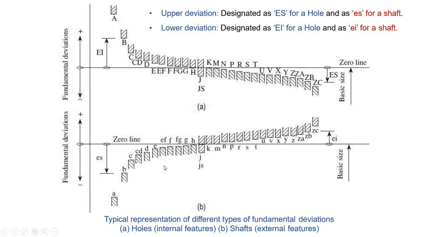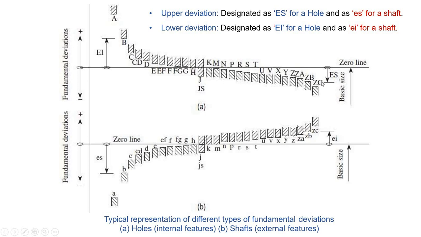This diagram indicates the typical representation of different types of fundamental deviations. Capital letters are for holes and small letters for the shaft. So if you are mating H with h, it will have a fundamental deviation of 0.